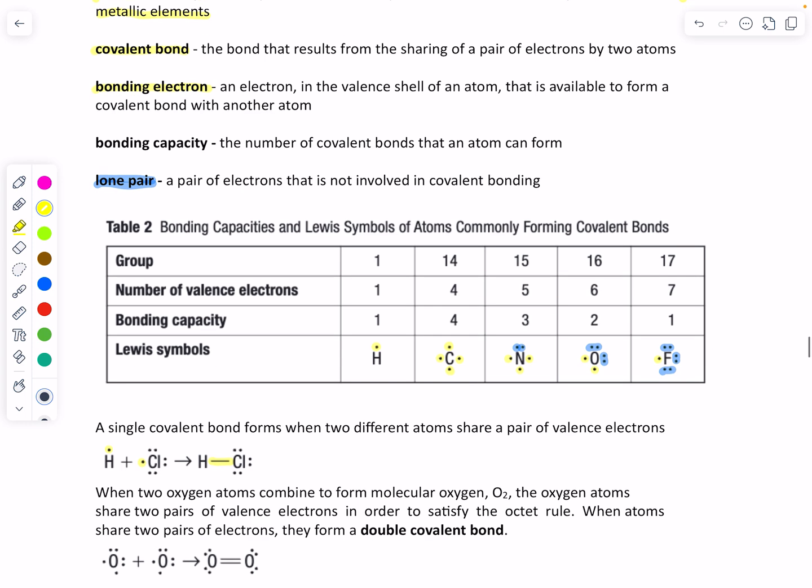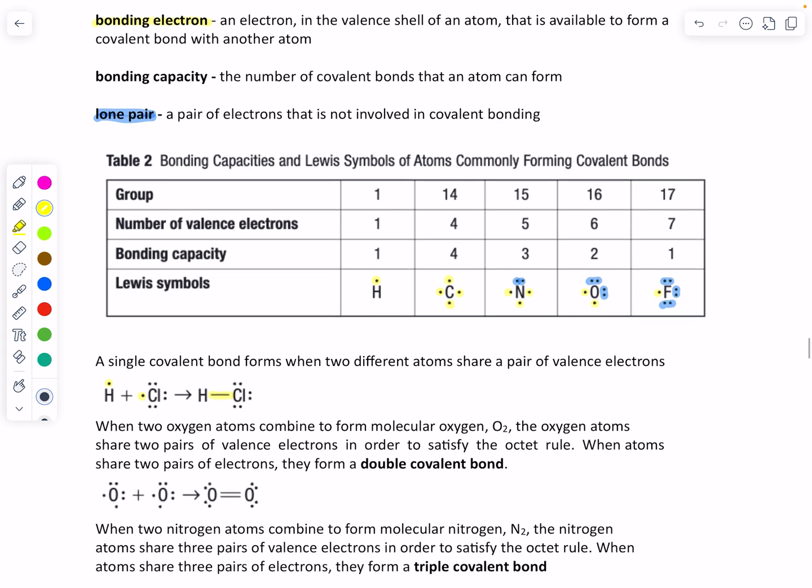In the example of 2 oxygen atoms, each oxygen atom has 2 bonding electrons, and these 2 bonding electrons are available to form 2 covalent bonds.